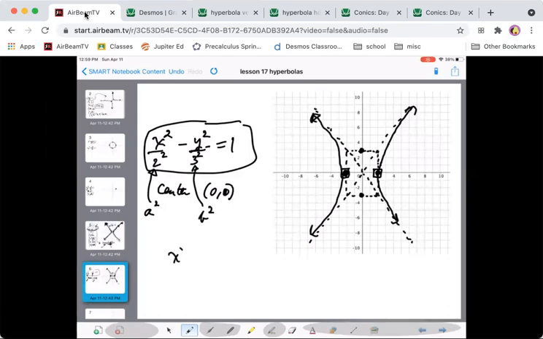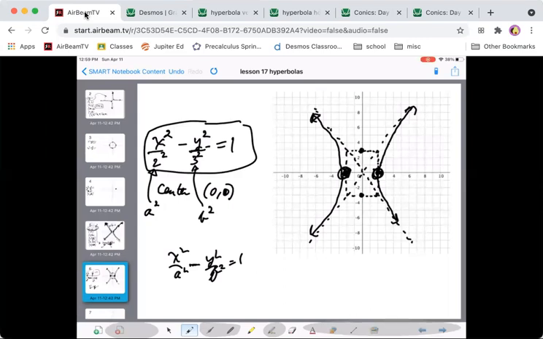So it's x squared over a squared minus y squared over b squared equals 1. The a and b get you these 4 points that form the box, although only 2 of the points get used in the hyperbola. The other 2 were just used for creating that rectangle.